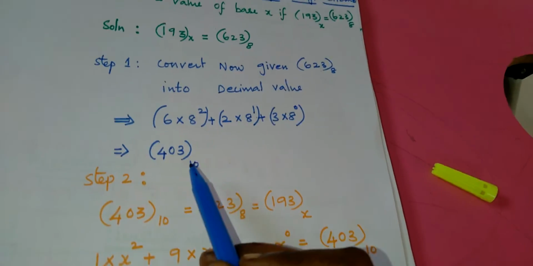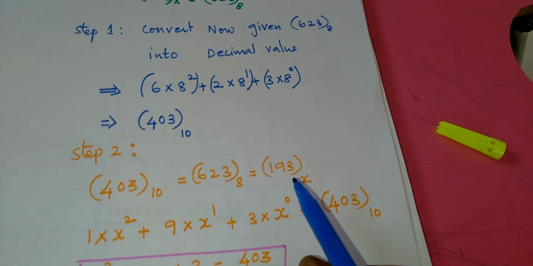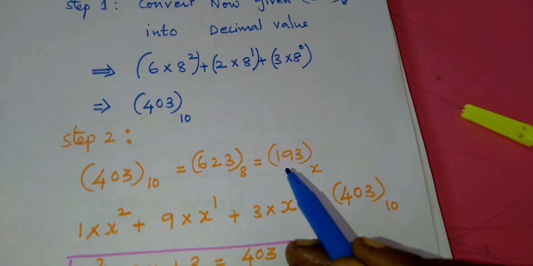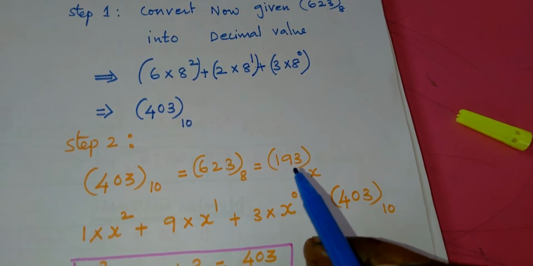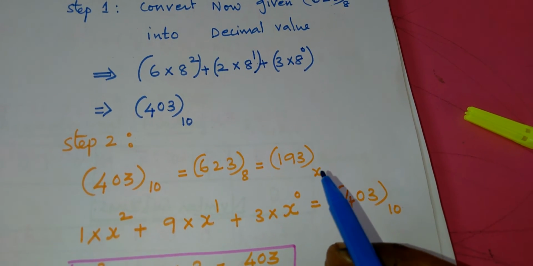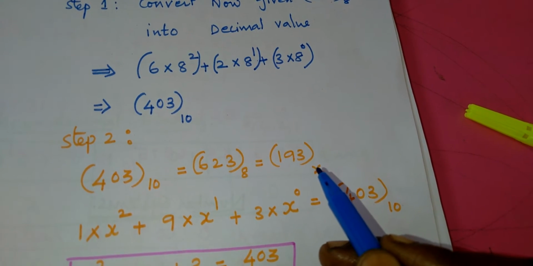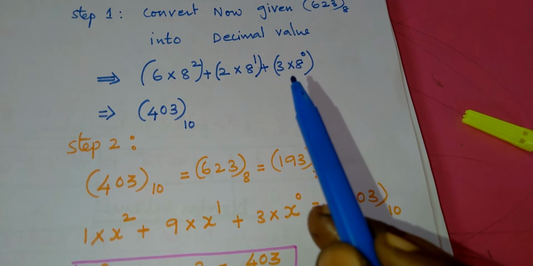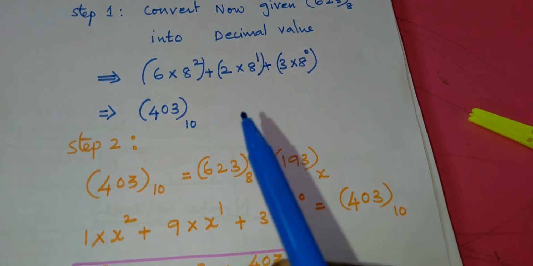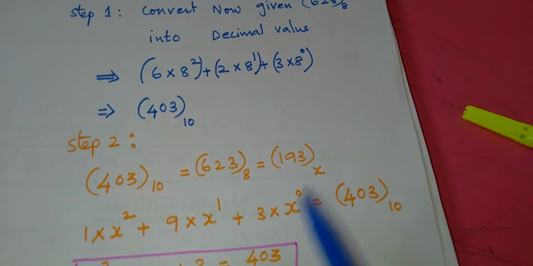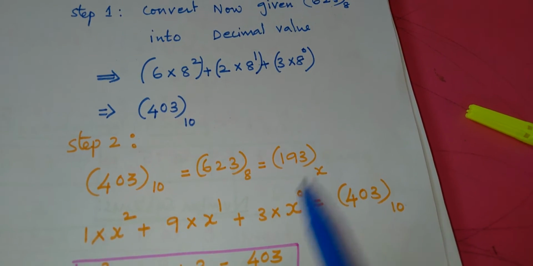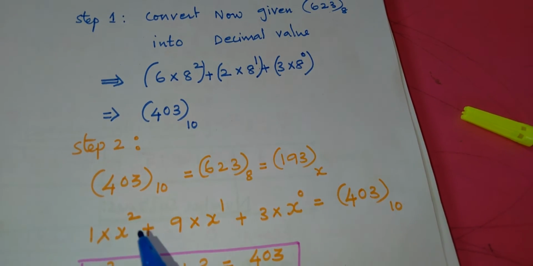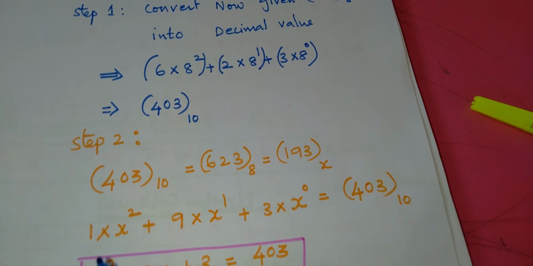Next, this decimal value is equated with the unknown value, using the same steps: x power 0 for the first digit, x power 1 for the next digit, x power 2 for the next, and so on.